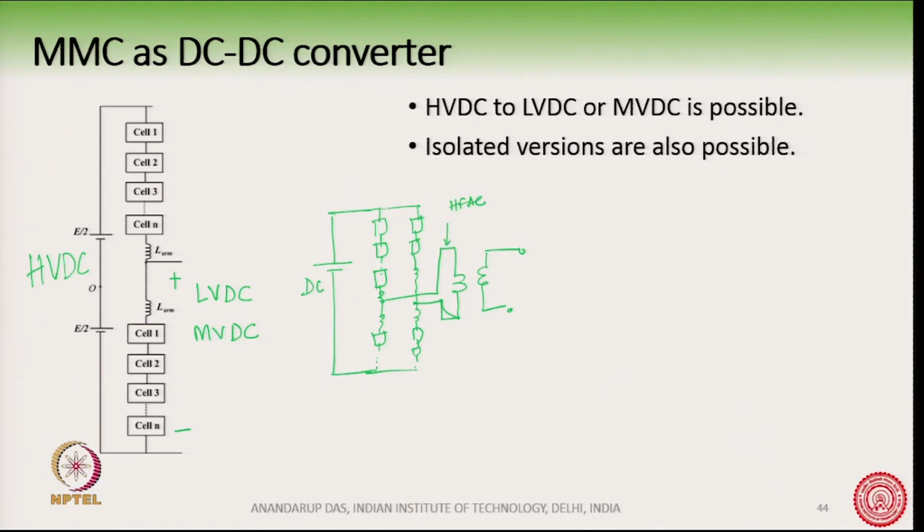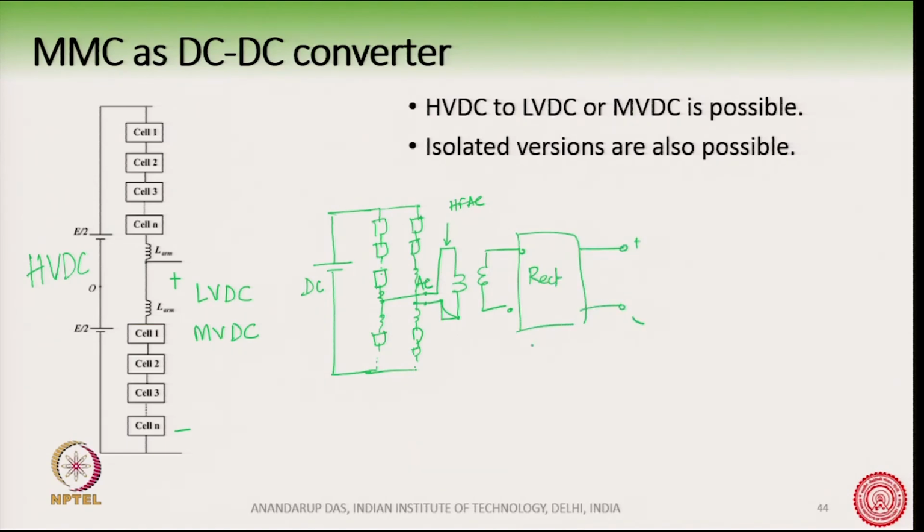High frequency, because this is at a very high power level, means instead of 50 hertz we may go to 400 or 500 hertz. So this will be producing a high frequency AC here, 500 hertz AC, which we pass through a transformer, get the isolation, and here we convert it back. We will have a rectifier, so we rectify it here and we get the DC here.